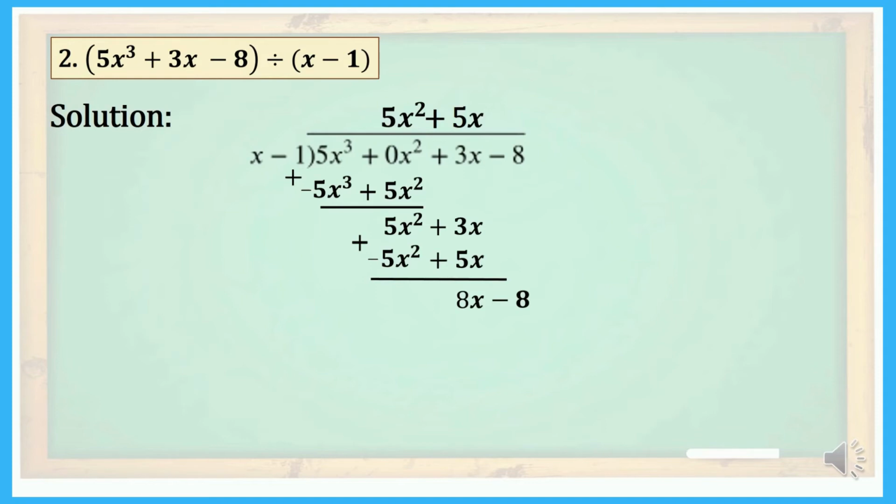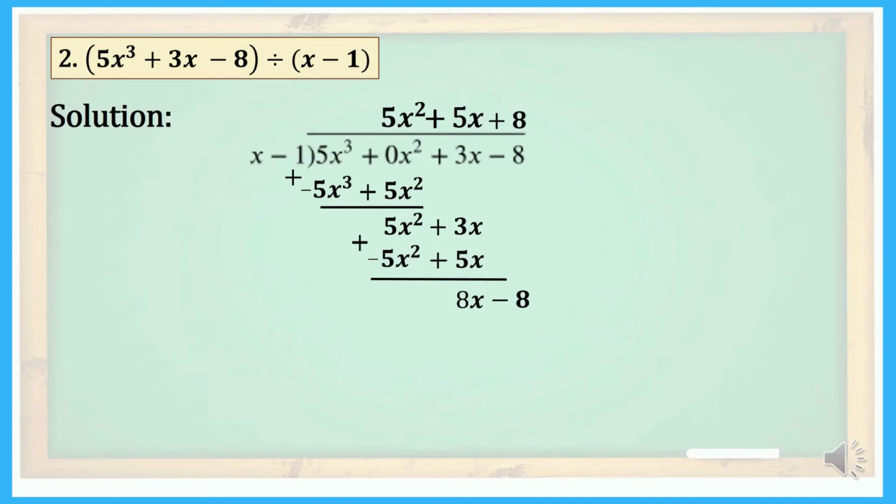So 8x minus 8 is our dividend now. The same process, divide the first term of our dividend, which is 8x, divided by the first term of our divisor, which is x. So 8x divided by x is positive 8.